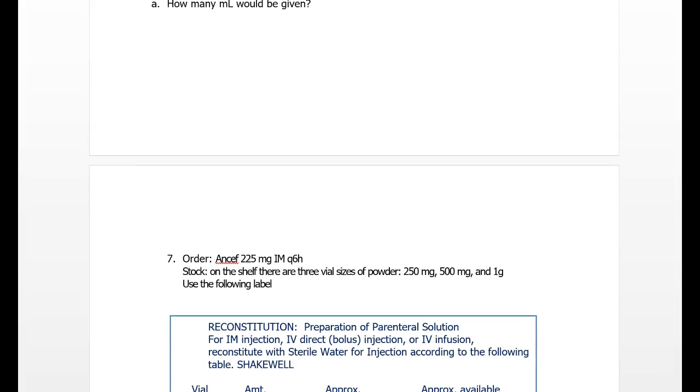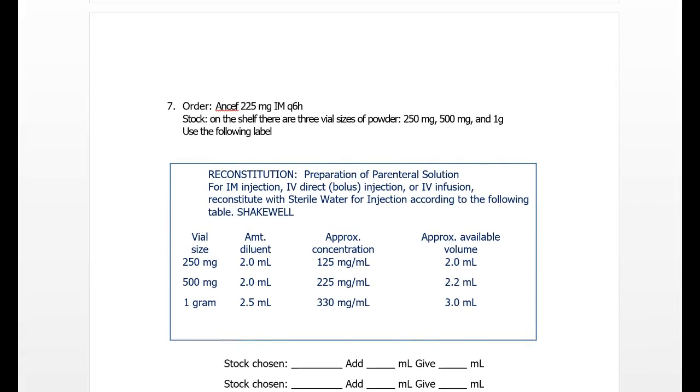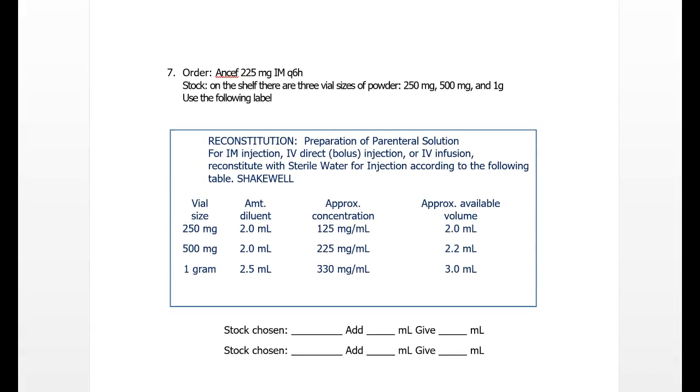Okay, this one's a little more difficult. We want to give Ancef 225 milligrams IM. There are 3 vials of powder on our shelf, 250, 500, and 1 gram. Using the following label, what are we going to use?